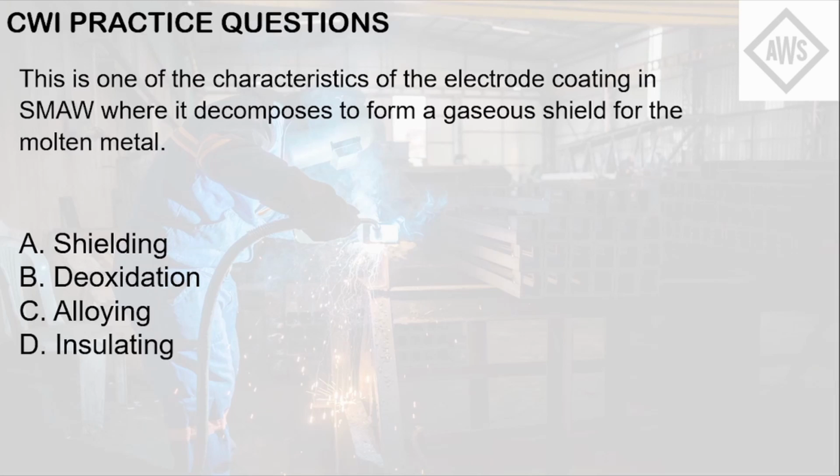So the answer here is letter A, shielding. It is the characteristic of the electrode coating where it decomposes to form a gaseous shield for the molten metal for the purposes of protecting it from harmful gases that will embrittle the weld or cause unintended weld defects.